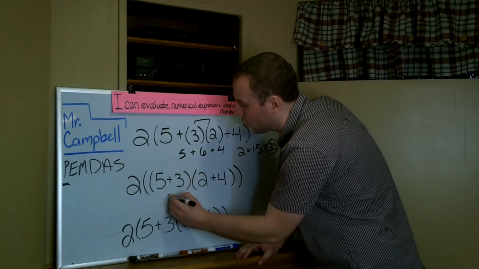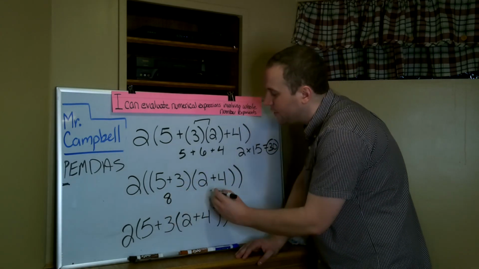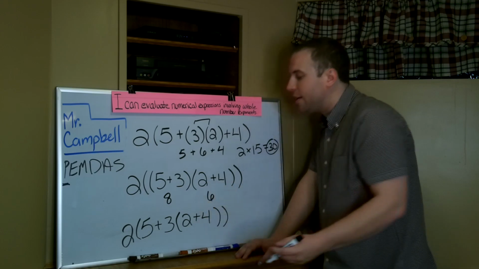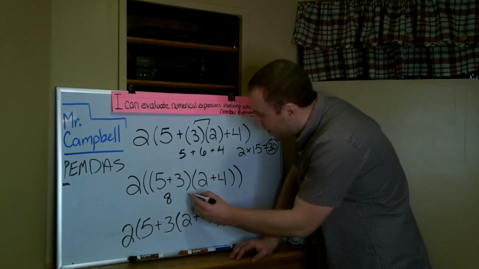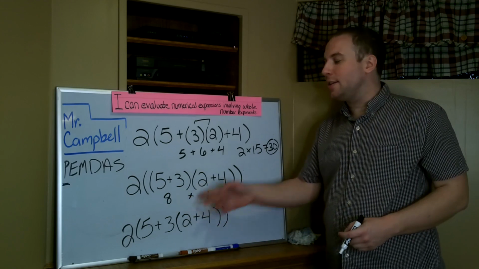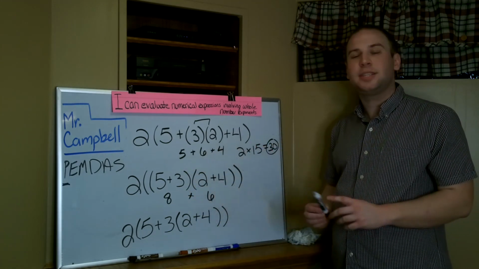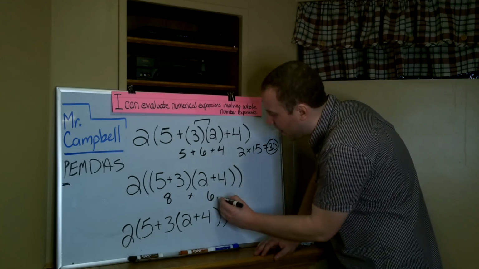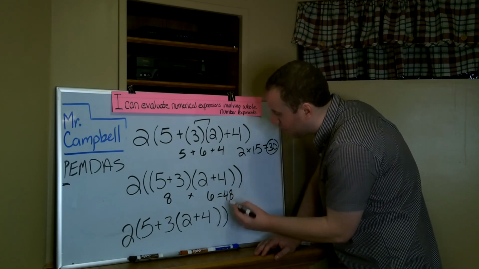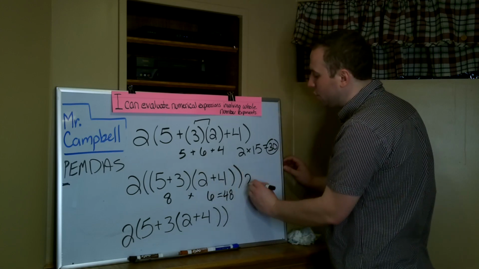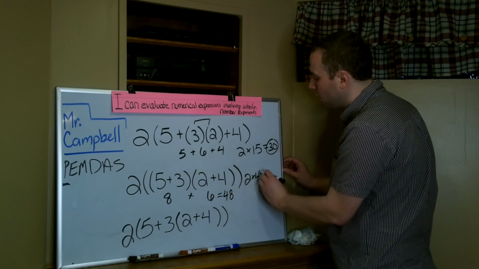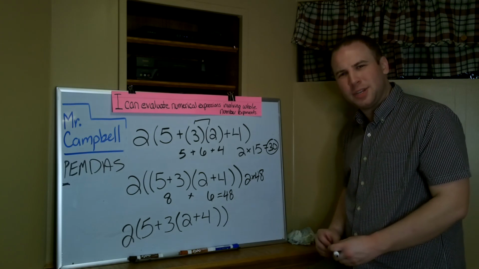So 5 plus 3 will give me 8, and 2 plus 4 will give me 6. Now I have 8 times 6 because my parentheses are next to each other, so 8 times 6 is 48. So now let's do 2 times 48. Can anyone tell me what 2 times 48 is?